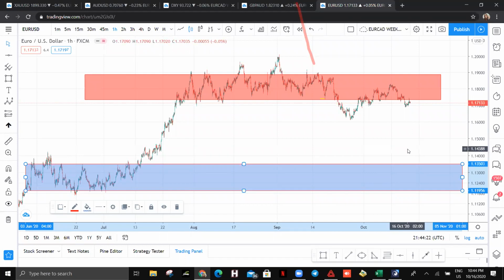So before I can consider buying this Euro USD using this 1 hour chart, I have to expect this price to break out of this resistance zone, and this zone will now become a support zone. Then I'll be comfortable to place a buy. I'm sure everybody understands this, but if it doesn't go that way, price will drop to the next zone, which is the demand zone.